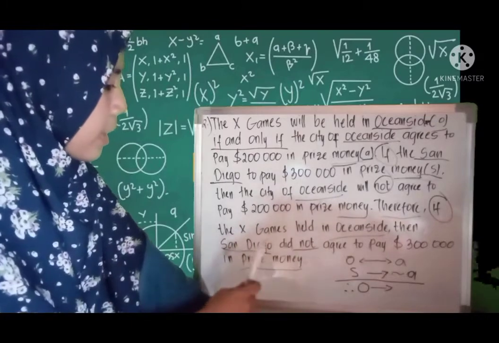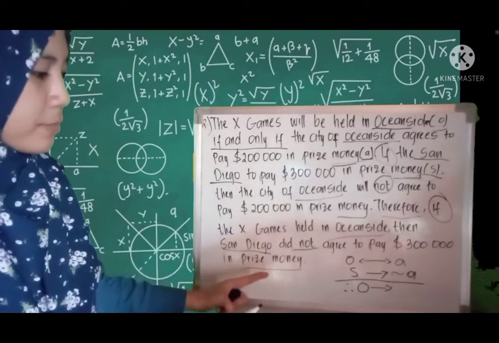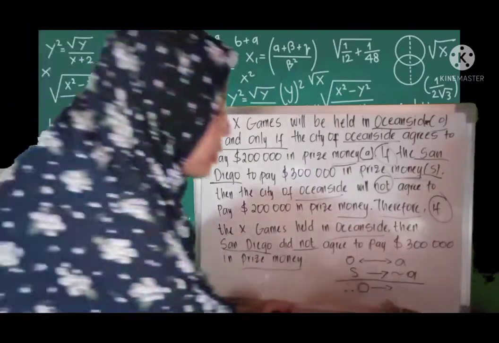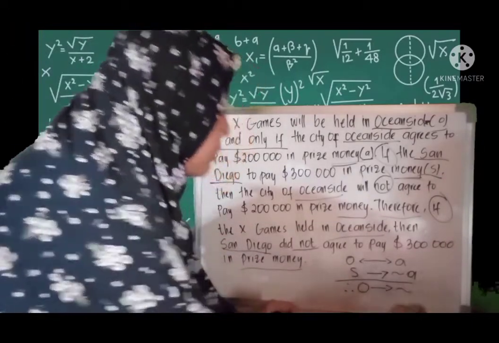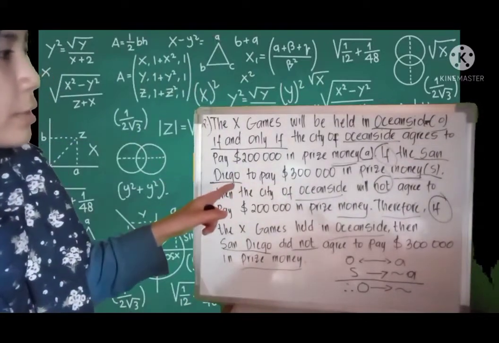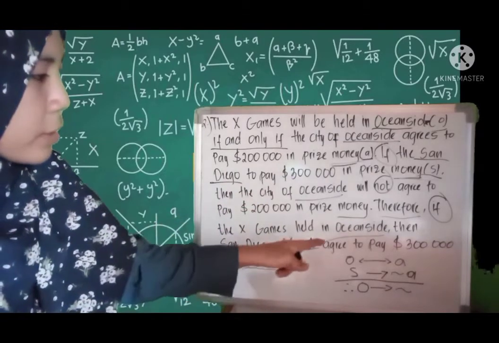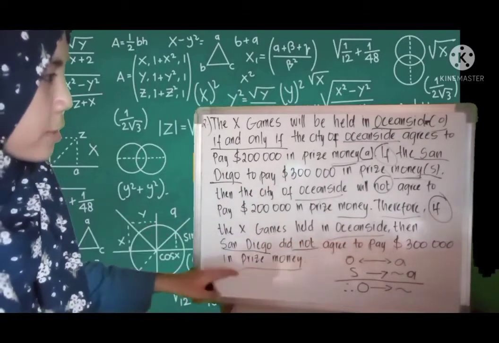Oceanside, then the San Diego did not. So, San Diego did not. So, San Diego, negation as San Diego did not agree to pay 300,000 in a prize money.